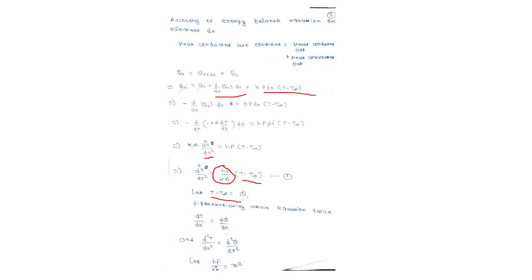And for simplification in calculation, these are all constants, so we consider hP upon kA equal to m square. In this equation we put T minus T infinity equal to theta, d square T upon dx square equal to d square theta upon dx square, and hP upon kA equal to m square, and we get the equation d square theta upon dx square minus m square theta is equal to 0.